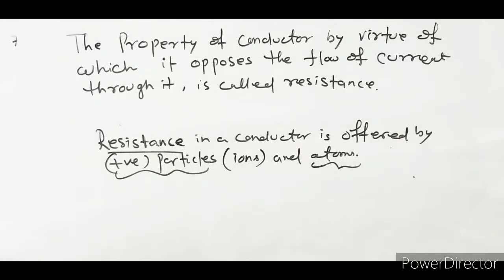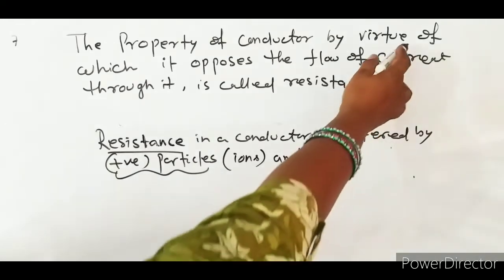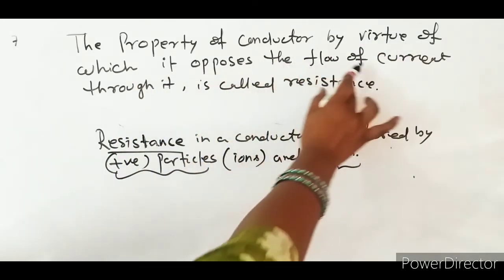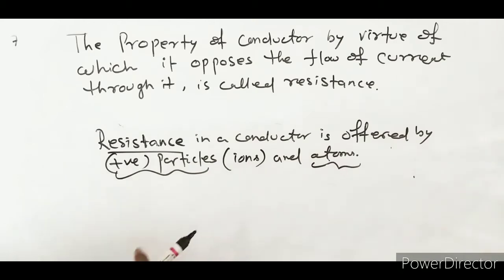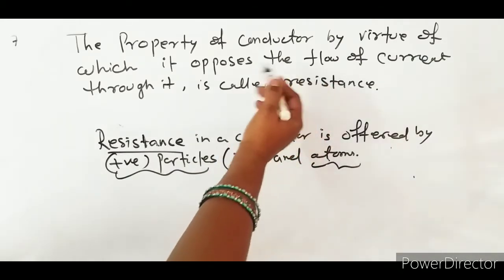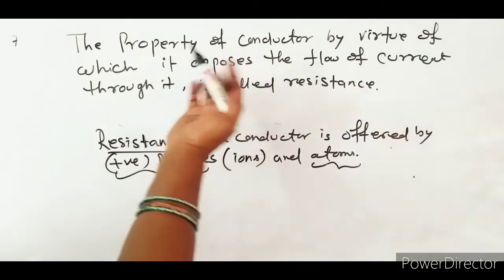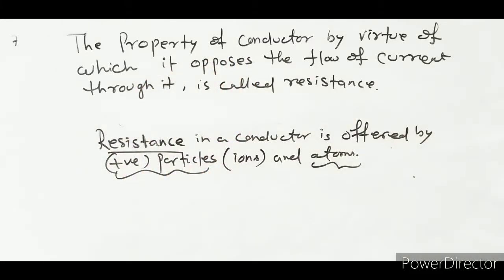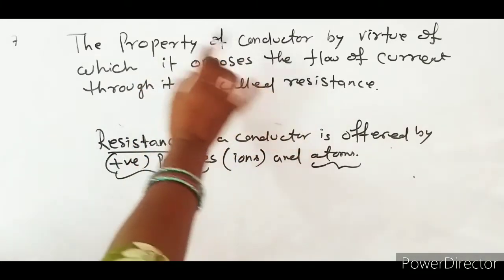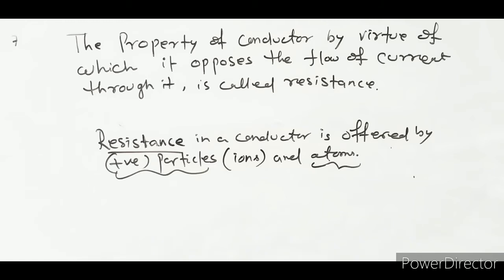Now comes the definition of resistance. It is the property of a conductor by virtue of which it opposes the flow of current through it. When the current flows, somebody opposes its motion; that is known as resistance. This is one of the properties of the conductor. Each conductor acts as a resistor.